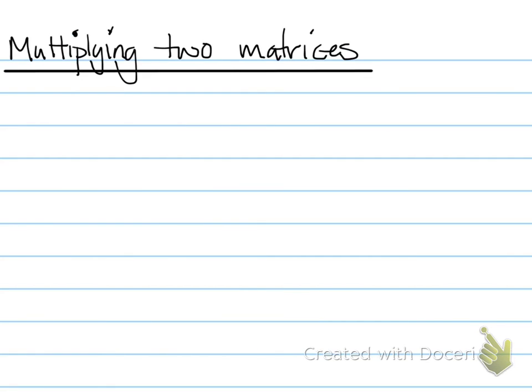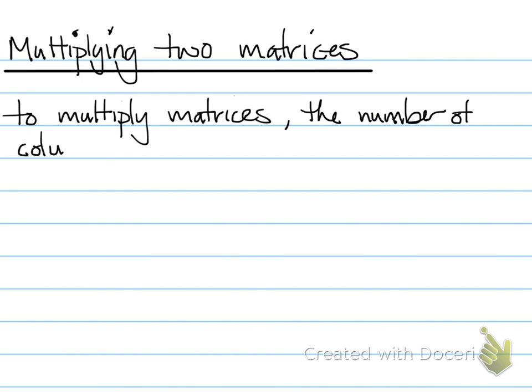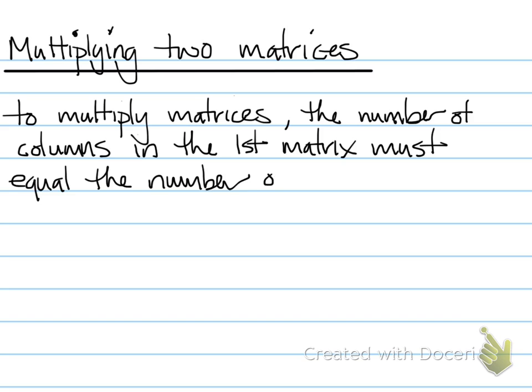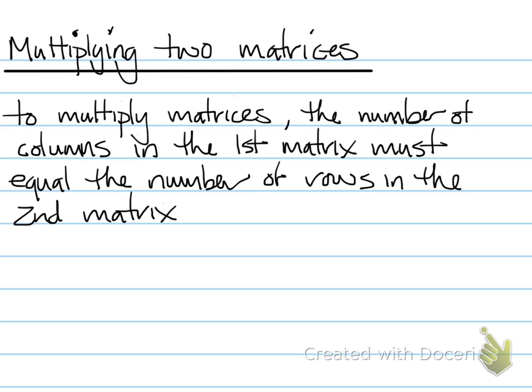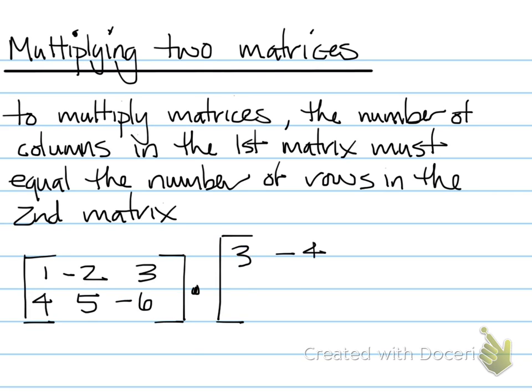And then the last skill that we're going to cover today is multiplying two matrices. All right, to multiply two matrices, the number of columns in the first matrix must equal the number of rows in the second matrix. All right, so this first matrix is a 2 by 3 matrix, 2 rows, 3 columns.